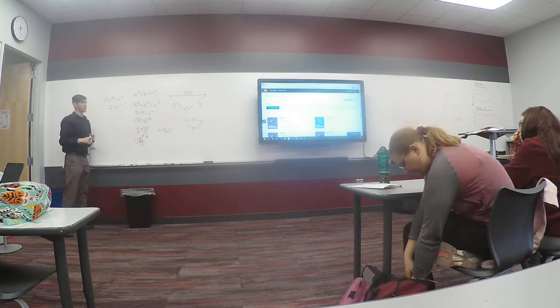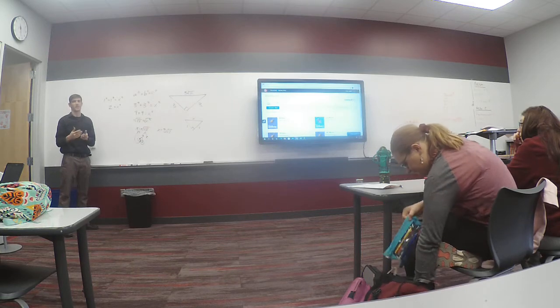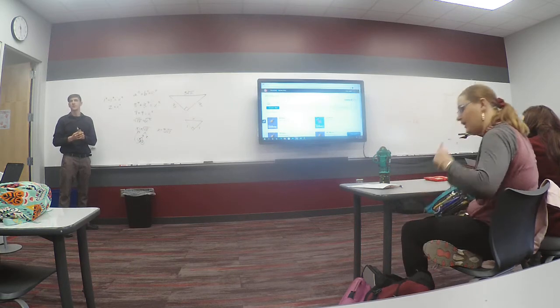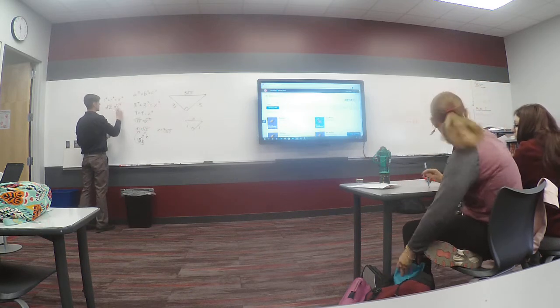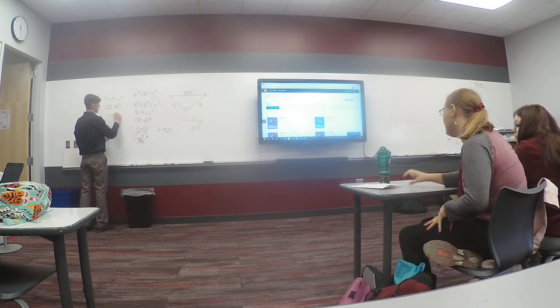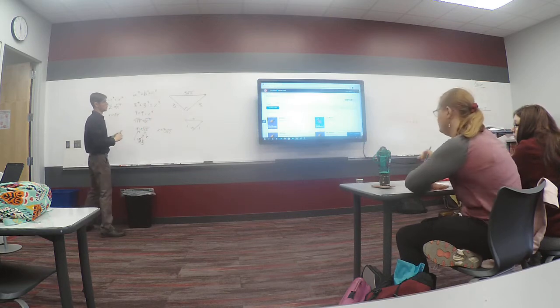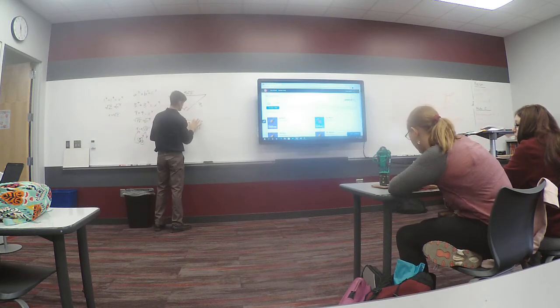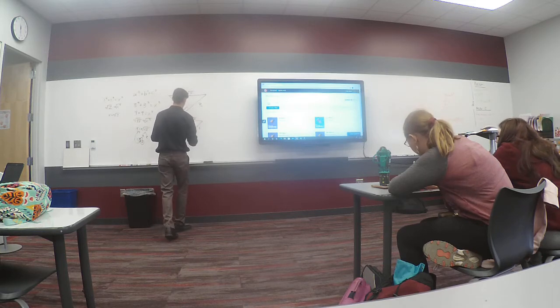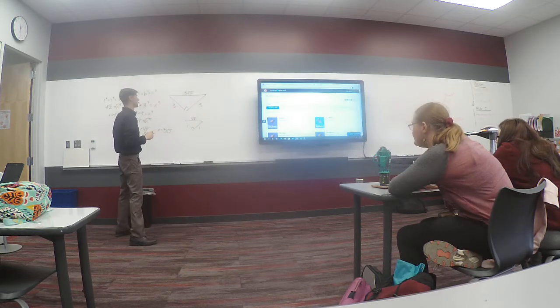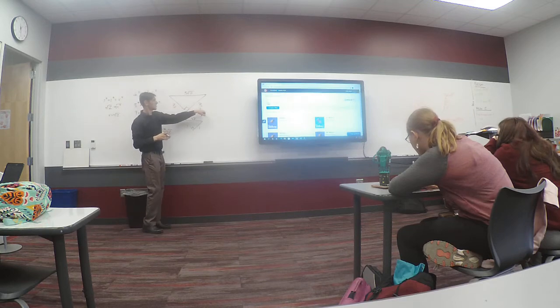How do I undo that square? Take the square root of both sides. So x is equal to the square root of 2. What kind of triangle is this?